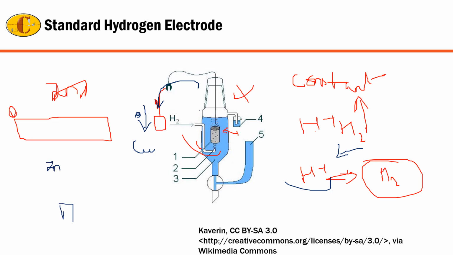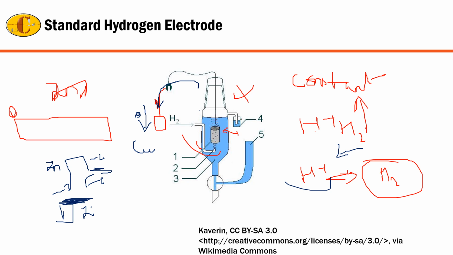So if we assume that you have a Zn element, then the Zn to Zn2 plus will happen fast. If we assume it to be Fe, it will happen slower. So if we connect Zn to Fe, then this potential difference is going to be slow. So that is at a higher or more positive potential. This is fast, so that is at a lower potential.